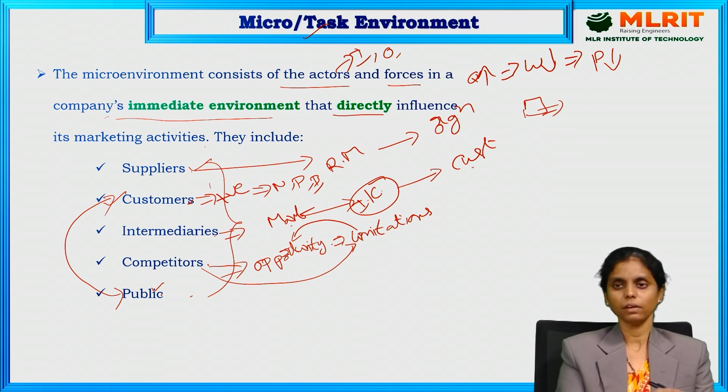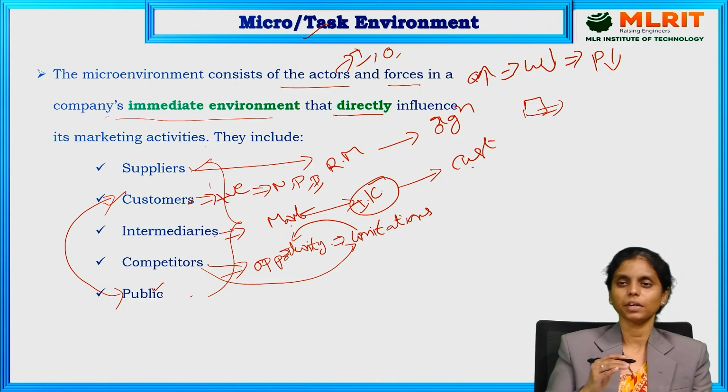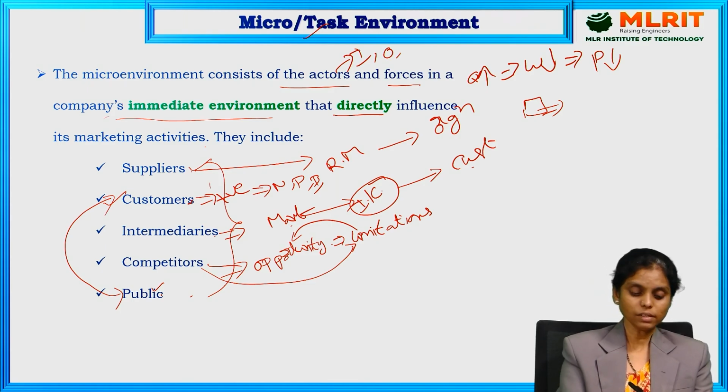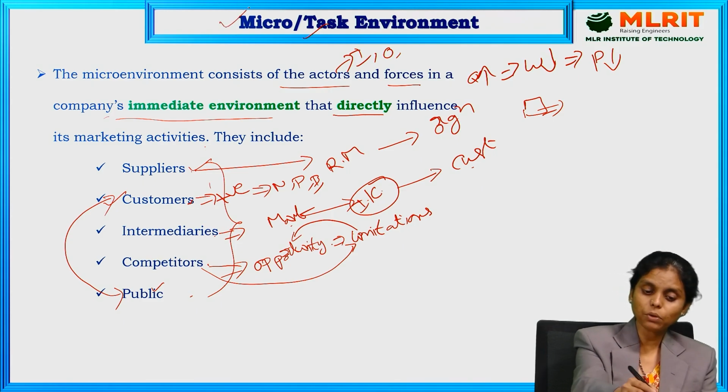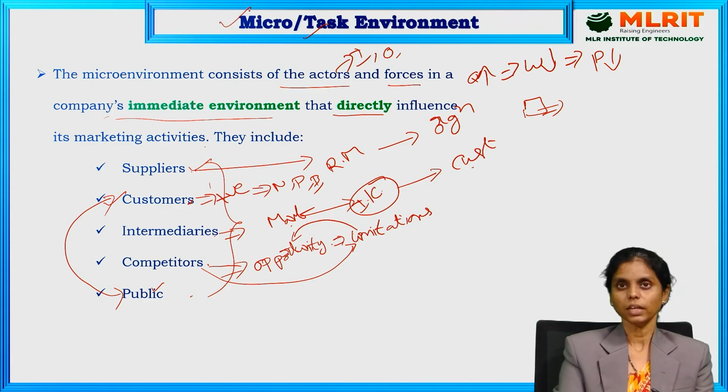If the public, not only the customers, are in favor of a company, then the activities of a business can operate in a smoother way. Otherwise, it can even result in the shutting down of the industry itself. So these are the various external factors, the micro environmental factors, that are influencing marketing decisions.